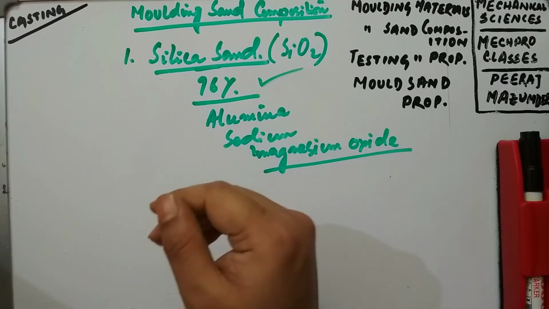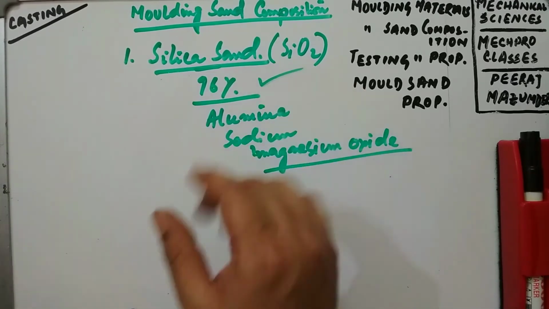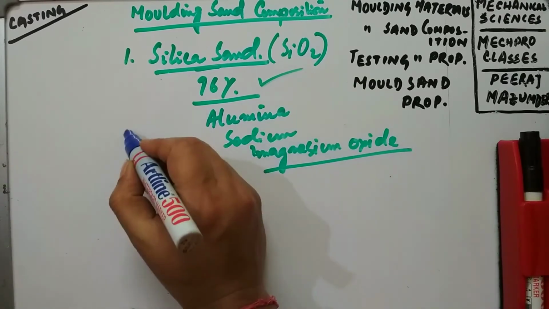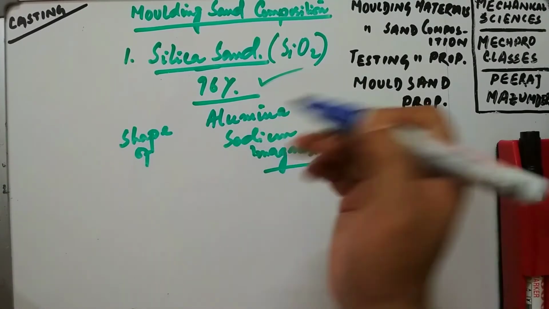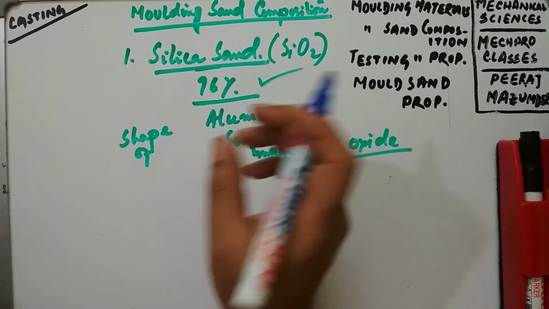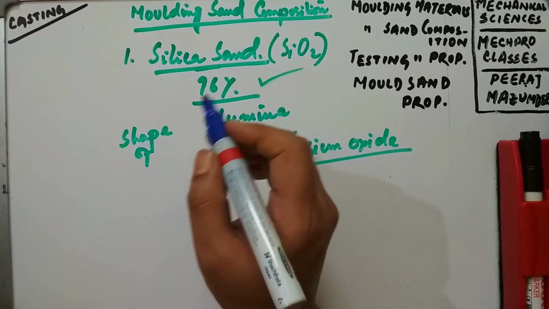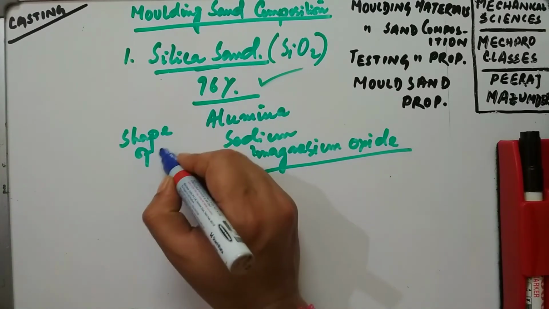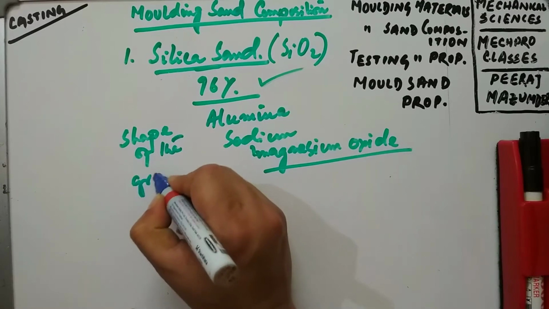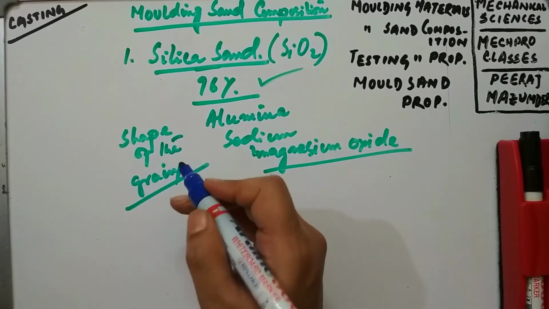Now the shape of the grains is very important also. I will discuss it somewhat later. We are getting silica sand from the river beds, and the shapes are not alike. The shape of the grains is a very specific, in-depth concept.